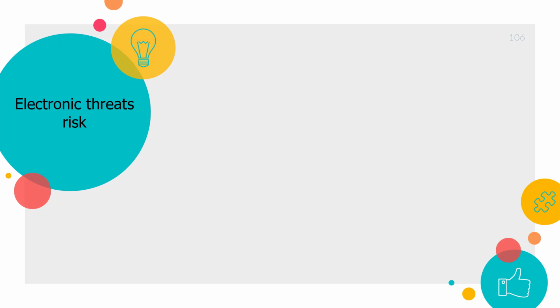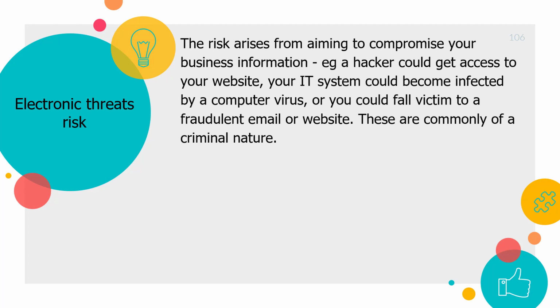Electronic threat risk, which is the risk arising from attempts to compromise your business information. For example, a hacker could get access to your website, your IT system could become infected by a computer virus, or you could fall victim to a fraudulent email or website. These are commonly of a criminal nature.